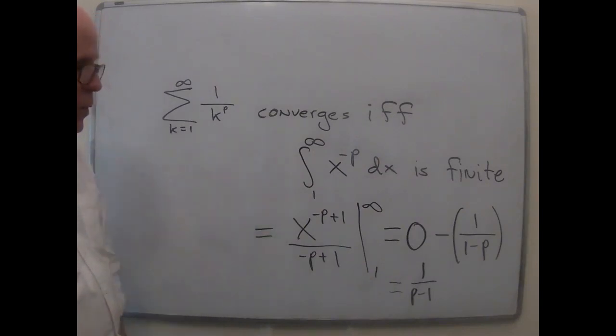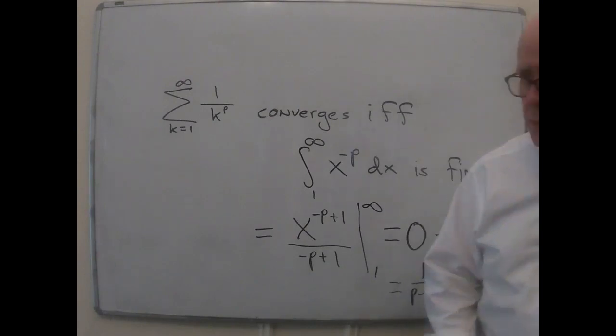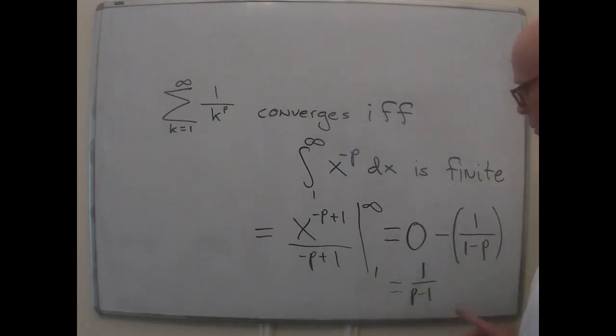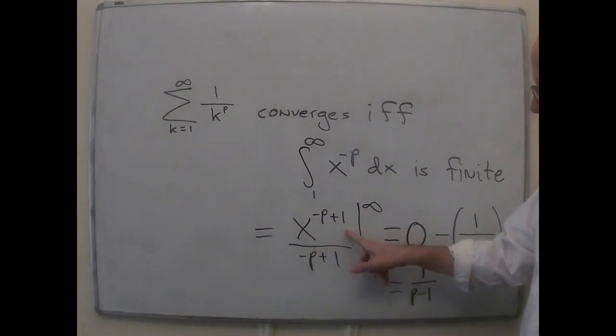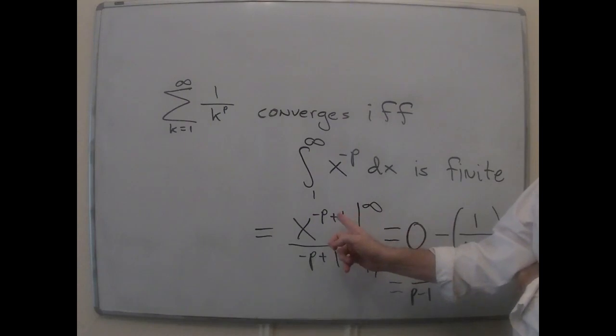So what went wrong? And it took me a second after class ended to sort this out, but it was right here, this 0. You see, we looked at the upper limit and we said, well, if x is large and this power on x is, let's see, we were talking about p bigger than 1, so we would have a negative power on x.